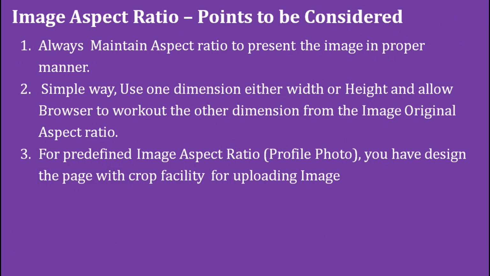If in your web page you are maintaining a predefined image aspect ratio, like for a profile photo, then you have to design the page such that you provide a crop facility while uploading the image. Then whenever the user uploads the image, it will be cropped to the perfect aspect ratio and stored in your device.